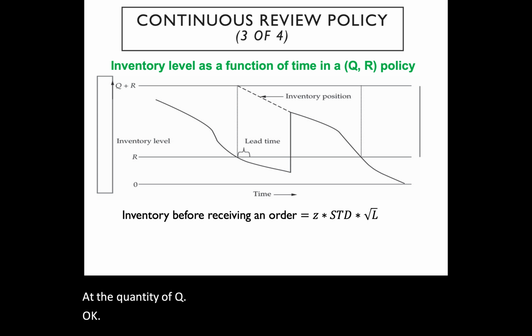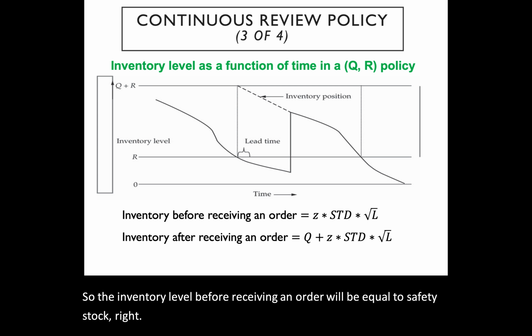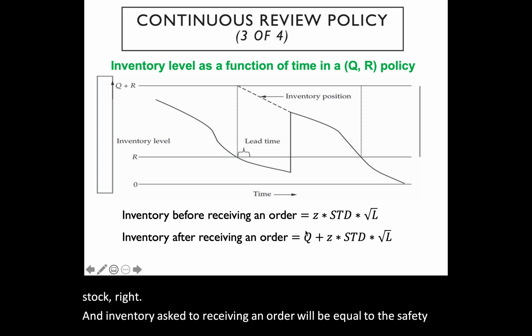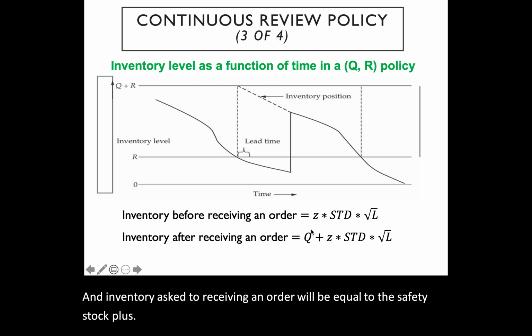So the inventory level before receiving an order will be equal to safety stock, right? And the inventory after receiving an order will be equal to the safety stock plus our order quantity.